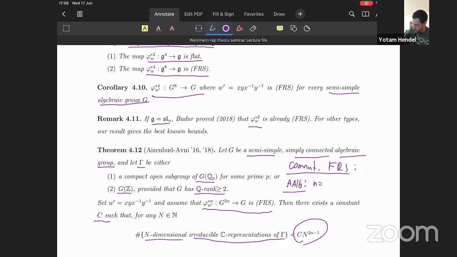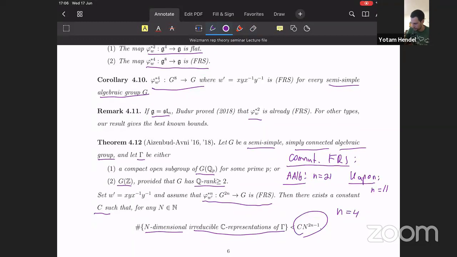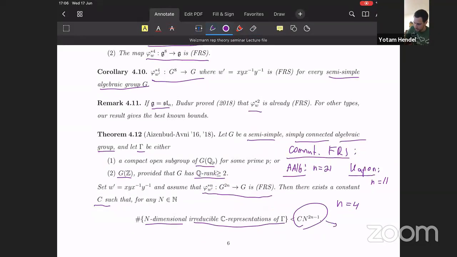So they showed n equals 21, and later on, Capone improved these bounds to n equals 11, and now we have, in general, n equals 4, so this means that this exponent can actually become smaller than n to the power 7.